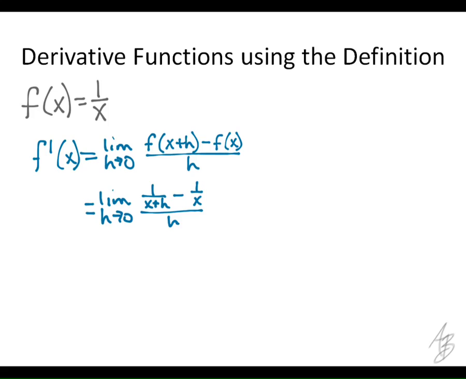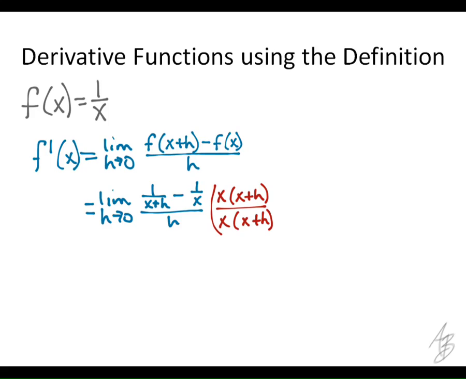Okay, yeah. So what I would do here is multiply by the common denominator. I would multiply the top and the bottom here by x times x plus h. Okay, so I have to multiply. If you do it on top, obviously you have to do it on the bottom. Otherwise, you're changing the value of your fraction.